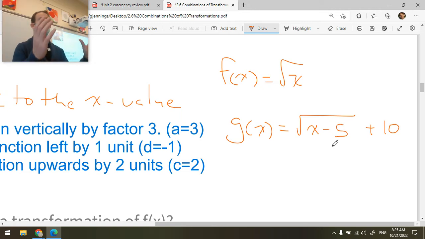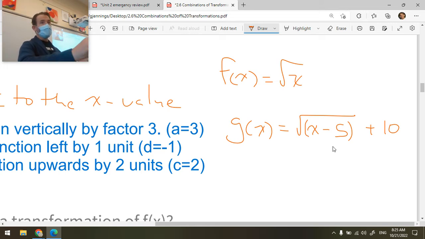It happens before we do that square rooting, because whatever's underneath the square root sign effectively has a bracket around it to say do this part first and then take the square root of the result of x minus 5. So there we would notice that we can't have x values smaller than 5. Like x values would start at 5 and then increase because we can't take the square roots of negative numbers. So you can imagine that shifting the domain.